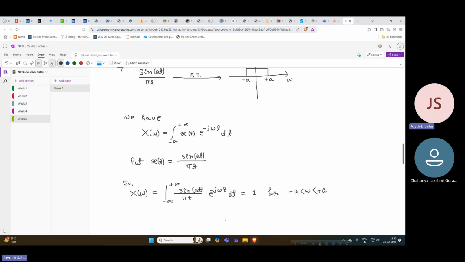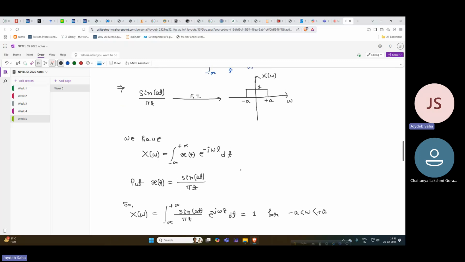What we have done till now, we have sin at by pi t whose Fourier transform is a rectangular function, and we have used this here. So X(omega), from the basic definition of Fourier transform, is the integral from minus infinity to plus infinity of x(t) e to the power minus j omega t dt.